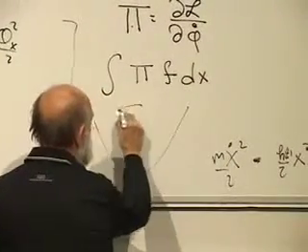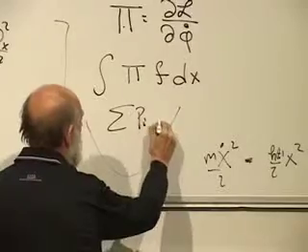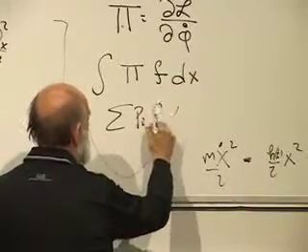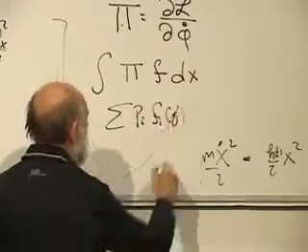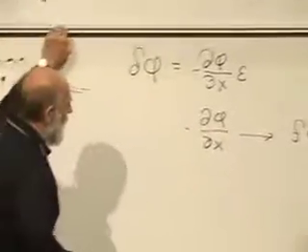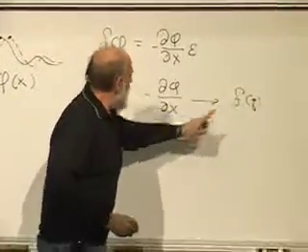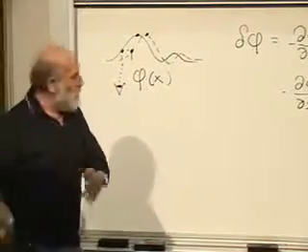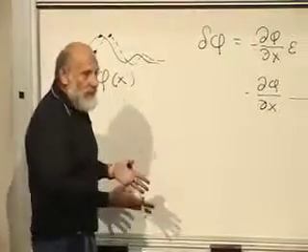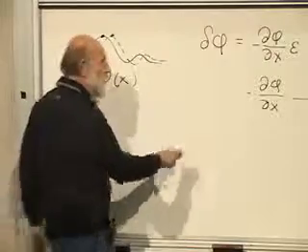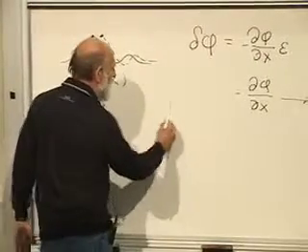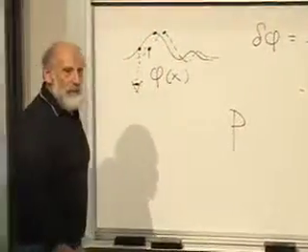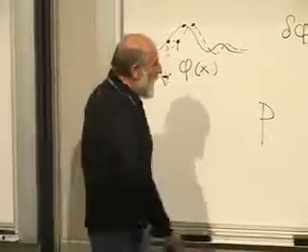That's the same as the sum of p sub i times f sub i of q. So we take f of q, we multiply it by the canonical momentum, and we integrate it over all space, and that gives us a quantity. Let's just call that quantity, I don't know what to call it. Let me call it P.